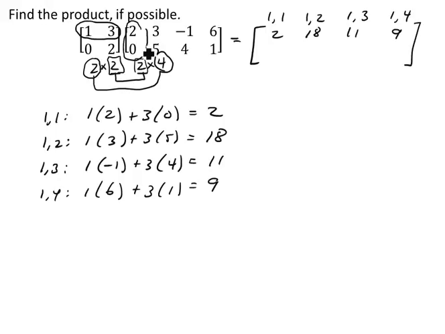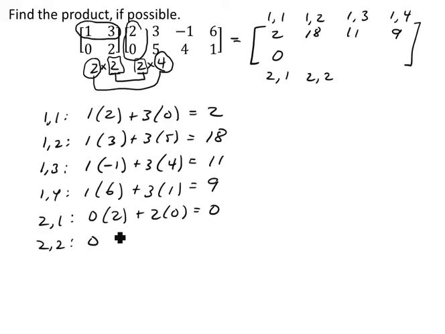And then we've run out of columns in our second matrix, so now we need to move down to the second row of the first matrix. So second row, first column, we'll get 0 times 2 plus 2 times 0. And we'll use the second row and second column. We'll get 0 times 3 plus 2 times 5. So that's 10.